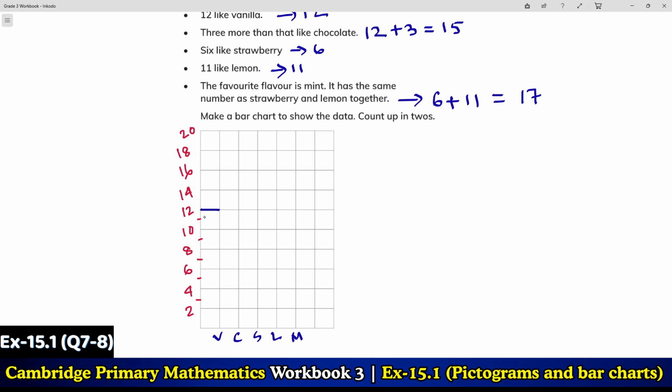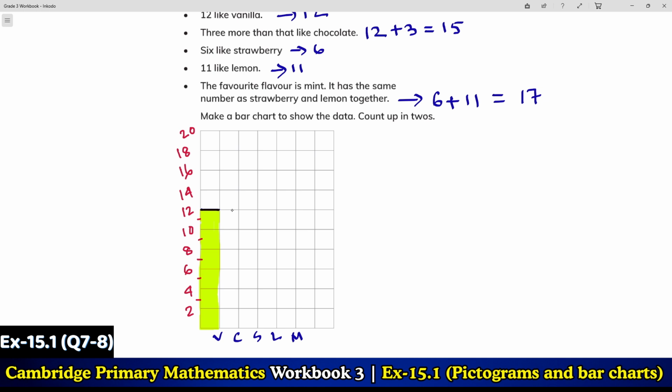So we can draw this one. Okay, this is our vanilla. Next, chocolate. How many? 15. It means 3 more than vanilla, right?